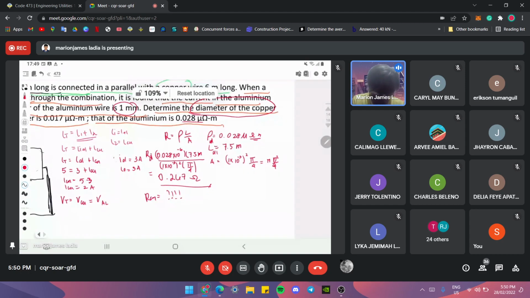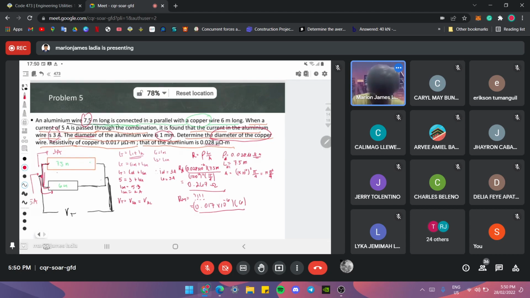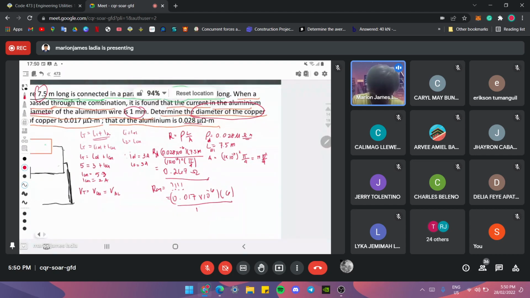So, ngayon, ang gagawin natin, itatabulate natin yung mga value ng copper, 0.017 times 10 raised to negative 6 multiplied by yung length ng copper which is 6 meter all over yung area ng copper which is unknown. Ang tinatanong is yung diameter ng copper. Therefore, ang ilalagay natin dito is pi over 4 multiplied by d squared which is unknown. So, paano ba natin isosolve to?